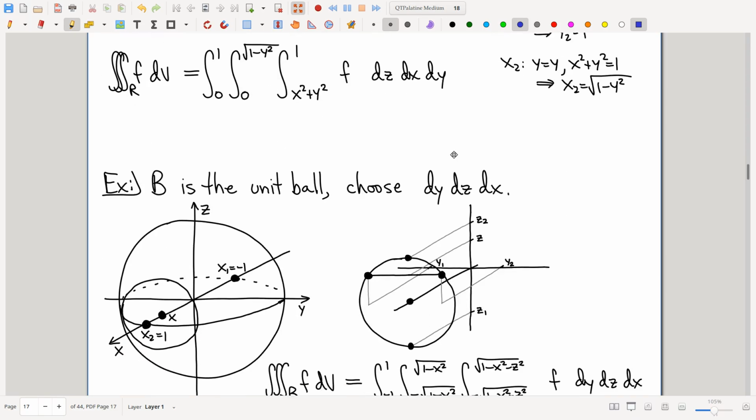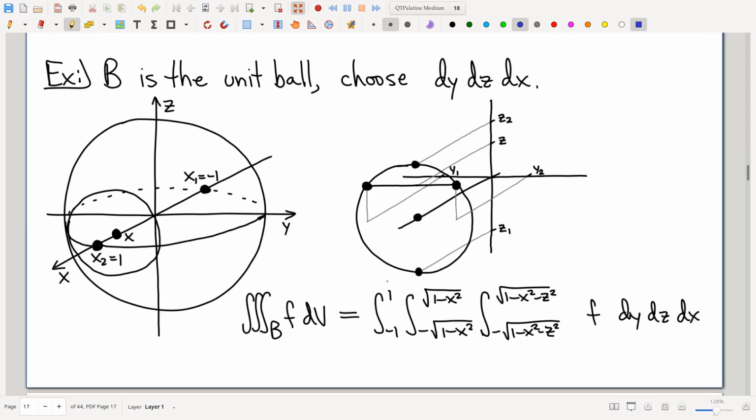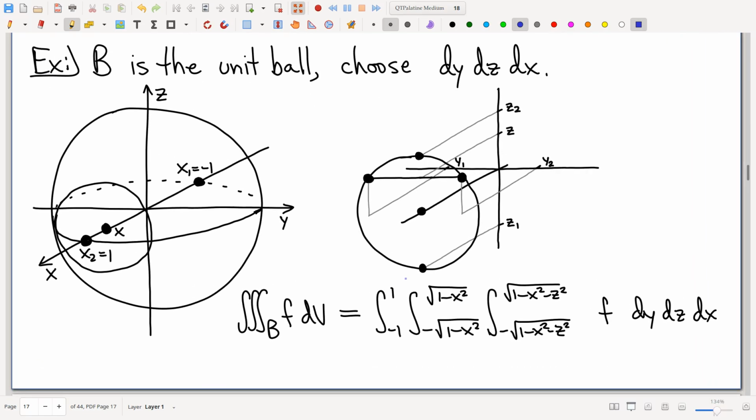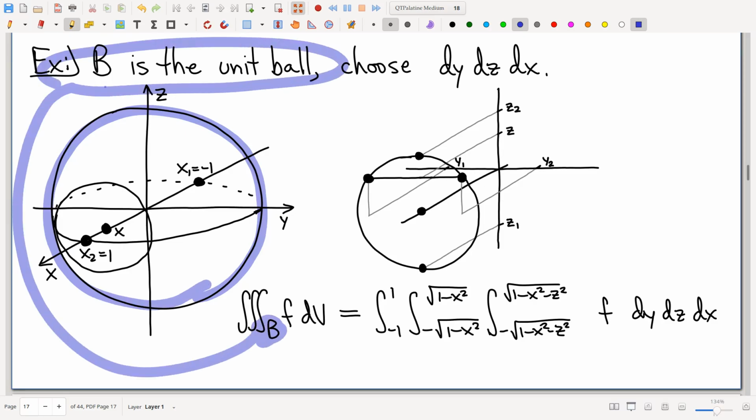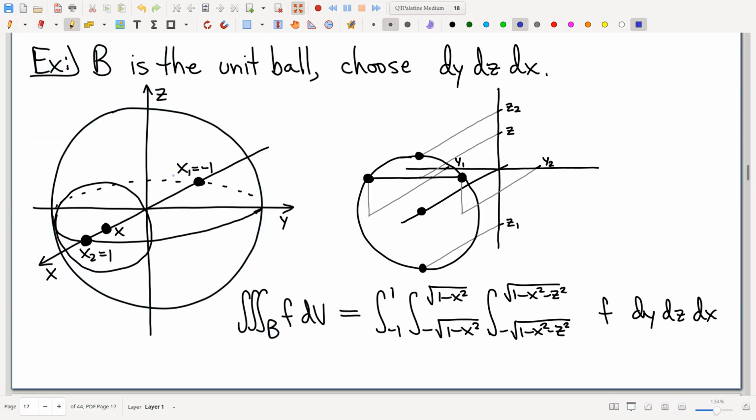Okay. Here's another example. Suppose your domain is the unit ball, and just because, no particular reason, let's suppose we're doing our slicing in that order. Now again, you can start slicing it up, and that's kind of what I have drawn here. Our x slices are all going to be kind of discs. Right? There's a geometric appeal.